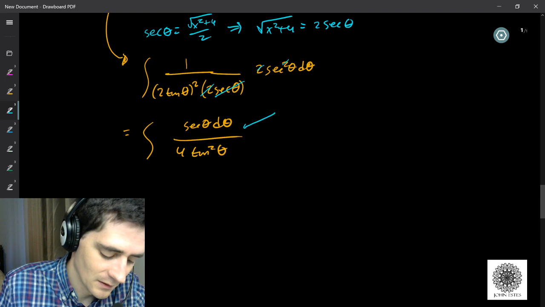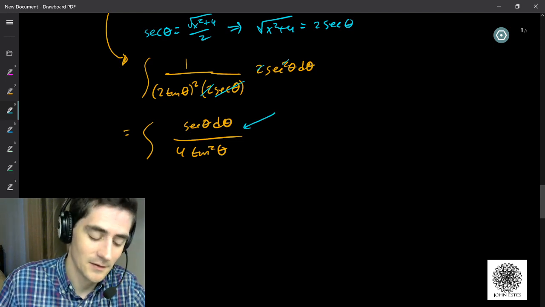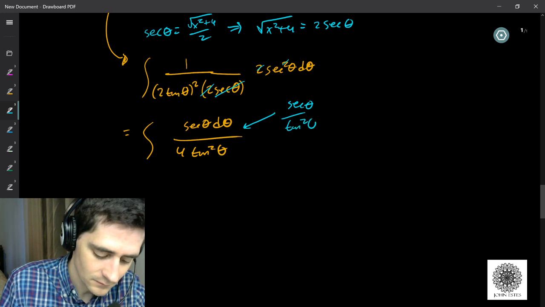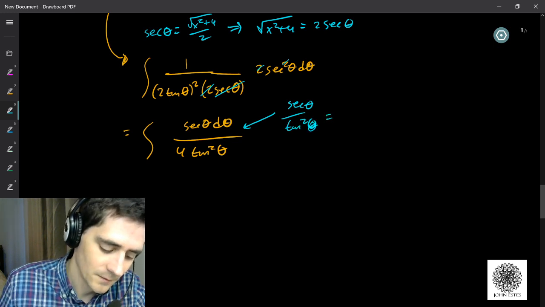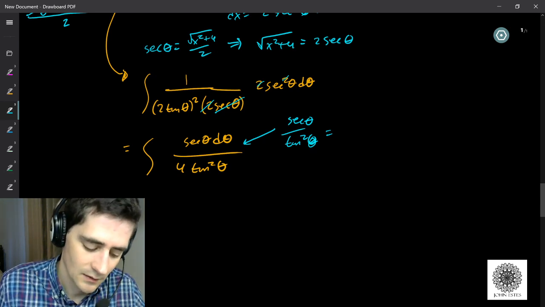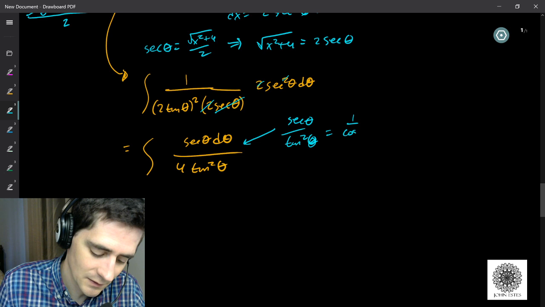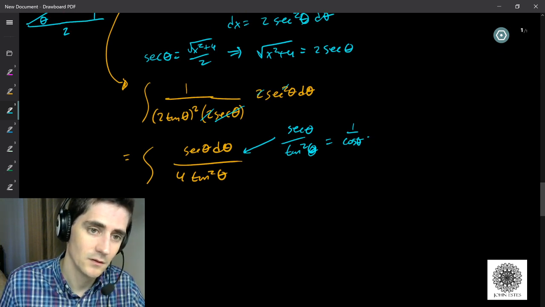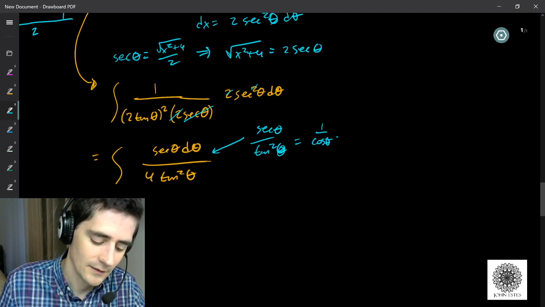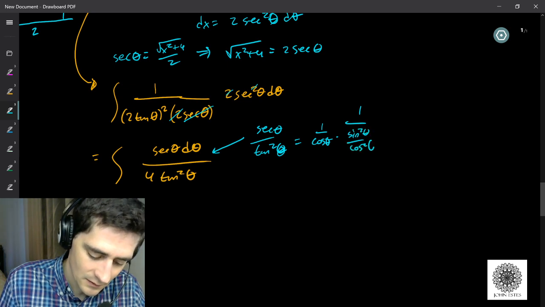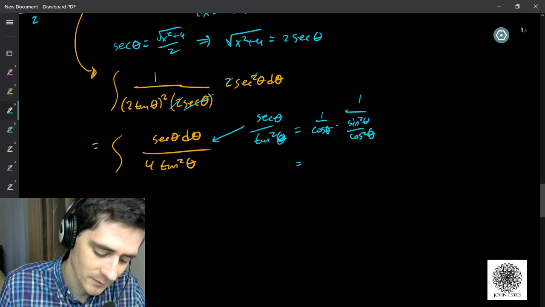So what I'm going to do here is rewrite everything in terms of sine and cosine, and hopefully that will help us clear this up. So remember, secant is a reciprocal of cosine. So that's 1 over cosine theta times the reciprocal of tangent squared, and that could be, let me write it like this, 1 over sine squared cosine squared, and dividing by a fraction is the same as multiplying by the reciprocal.